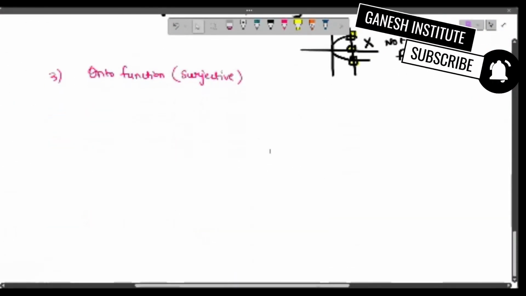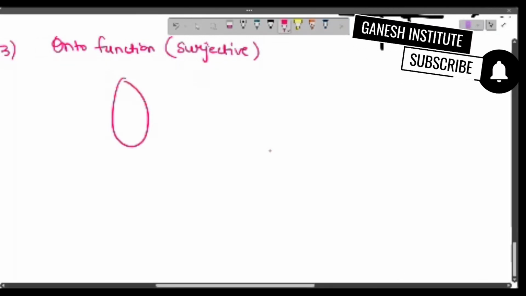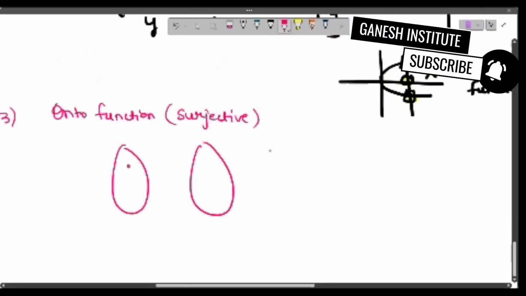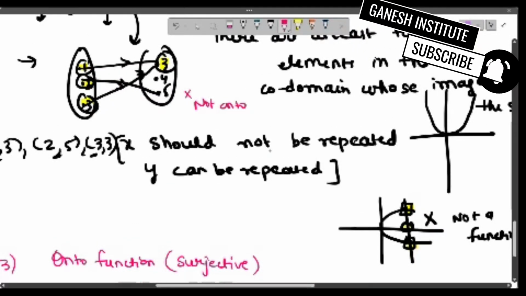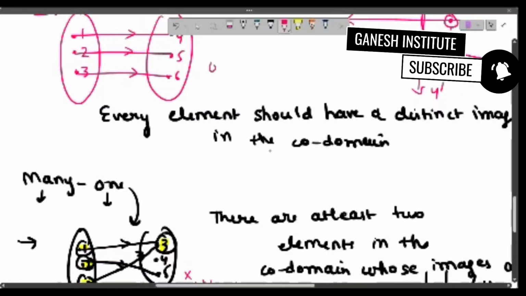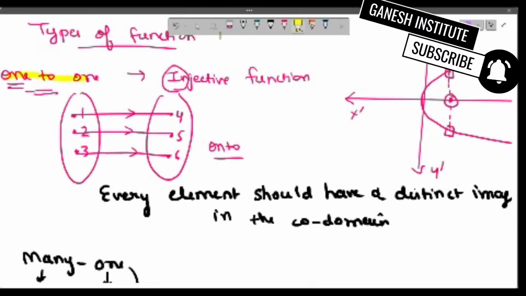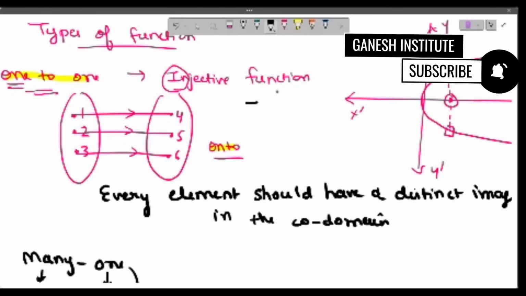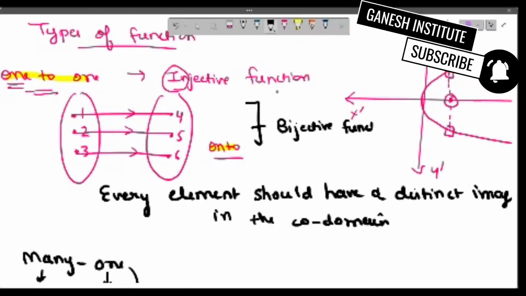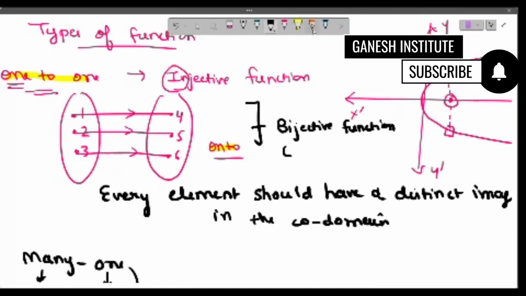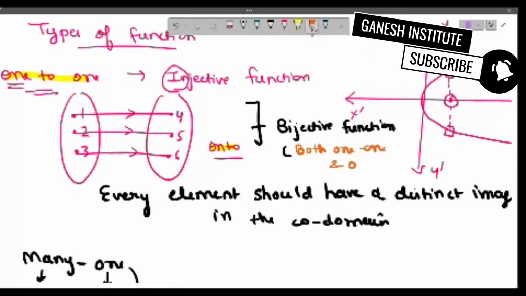So basically, see, this is not onto, this is onto. The function which is both one-one and onto is called a bijective function.